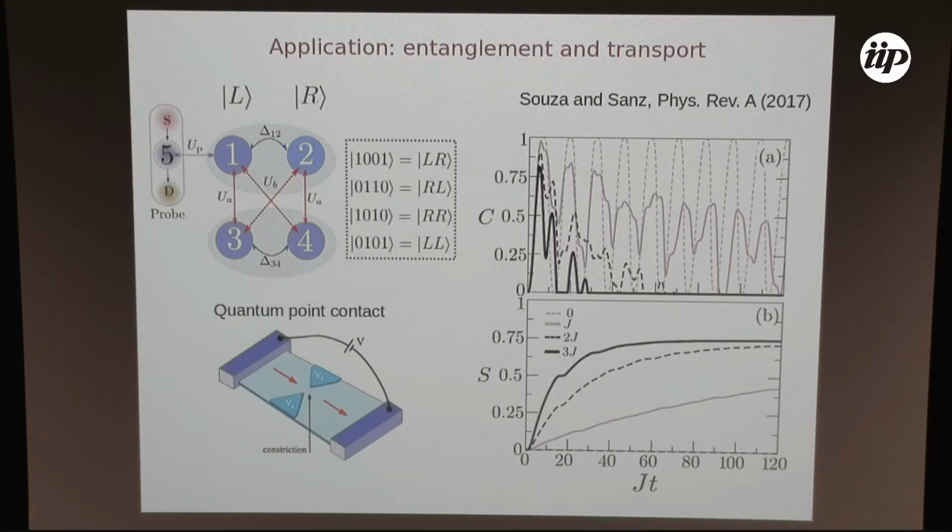Okay? If dot 1 is occupied, the electrons coming from the source cannot have enough energy to pass through this quantum point contact. Otherwise, if it goes through the quantum point contact, it means that dot 1 is empty, something like that, right?